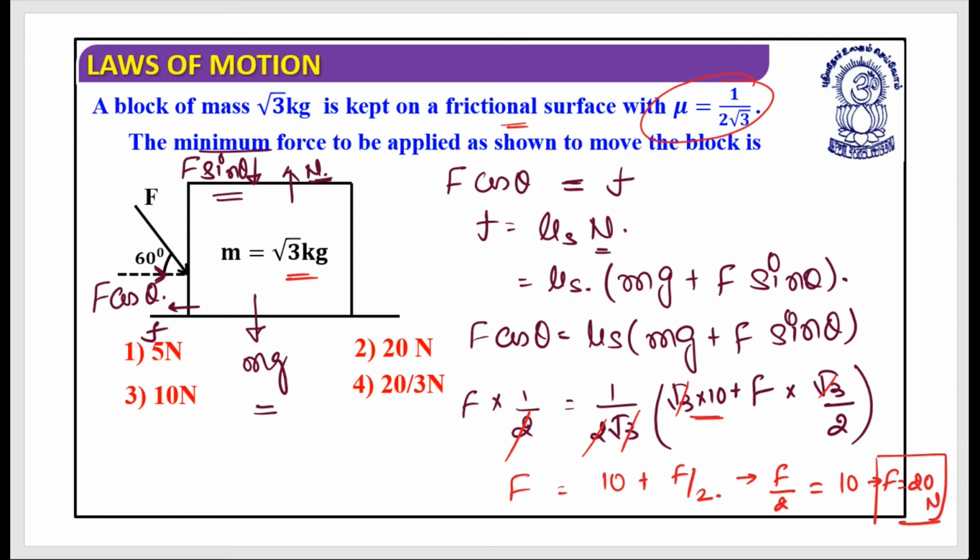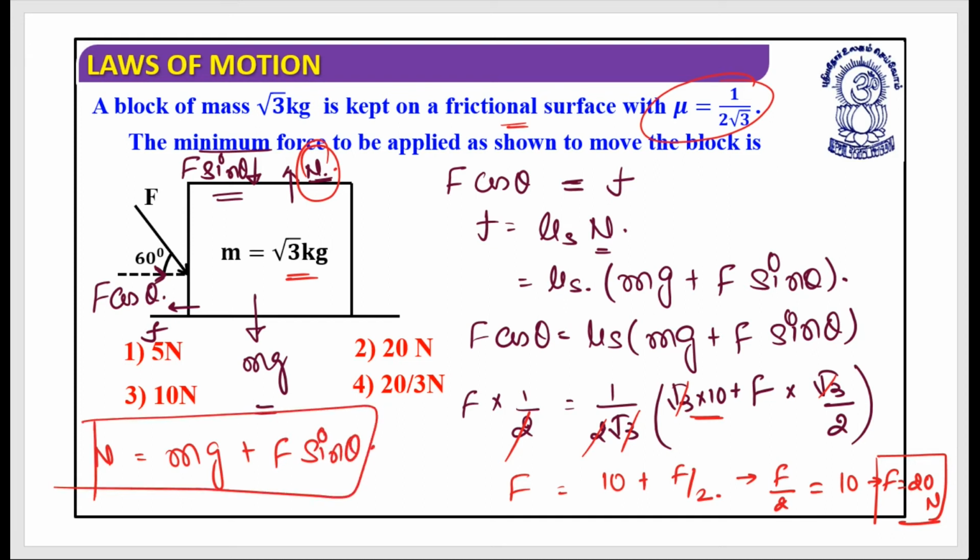A place where students are going to make a mistake is that this N should be equal to mg plus F sin theta. This is very, very important. I'm not telling you to remember it, but have a look: N is not equal to mg every time, even on a horizontal surface.